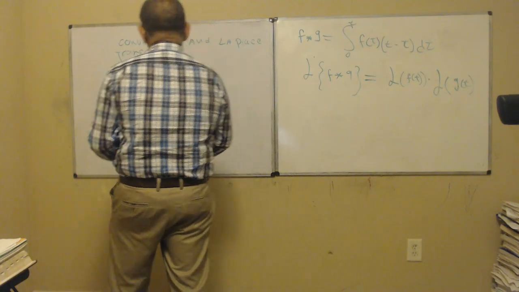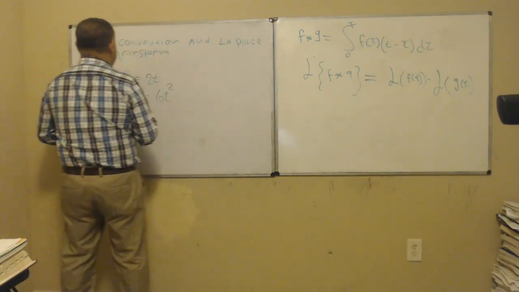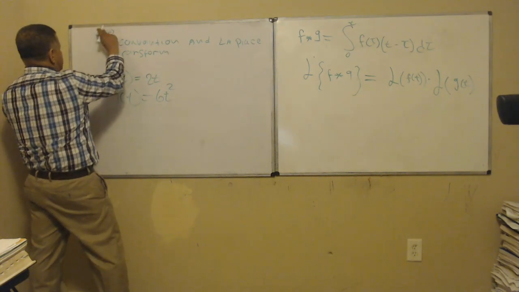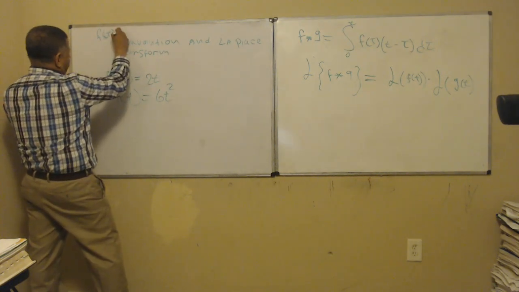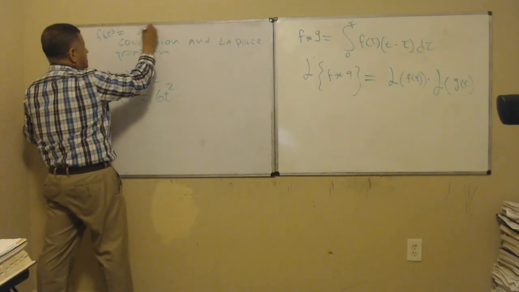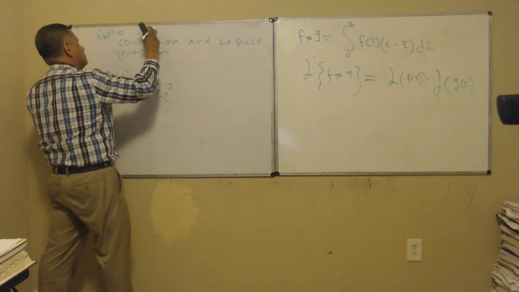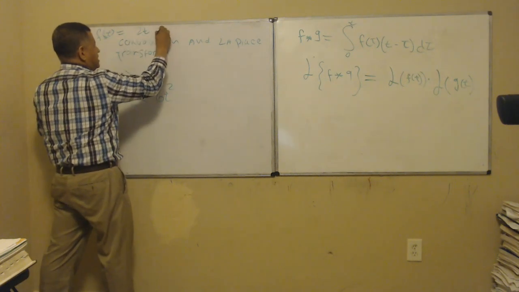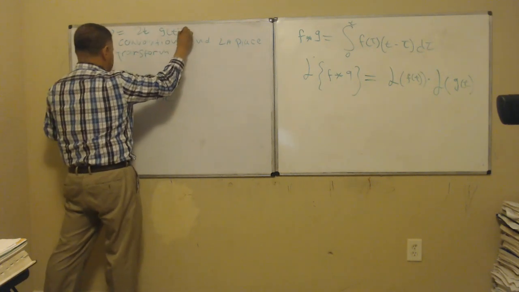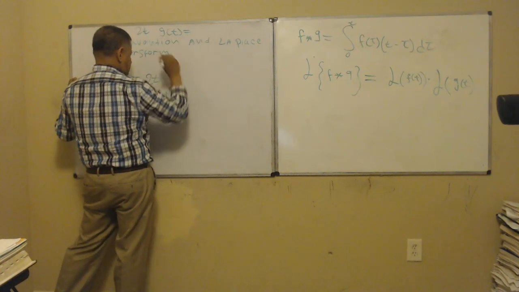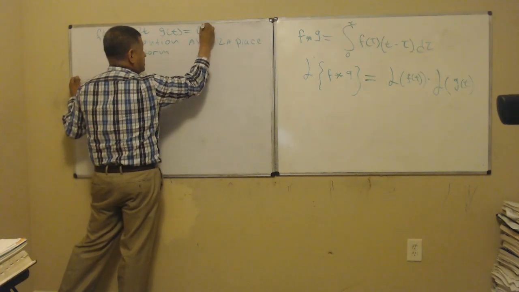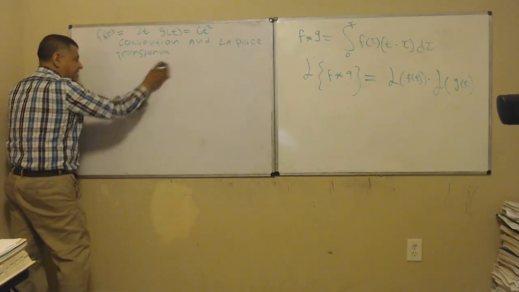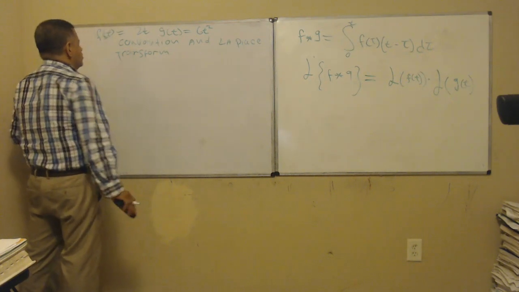Let me write this up here. So f of t is equal to 2t, and g of t is equal to 6t squared, right?